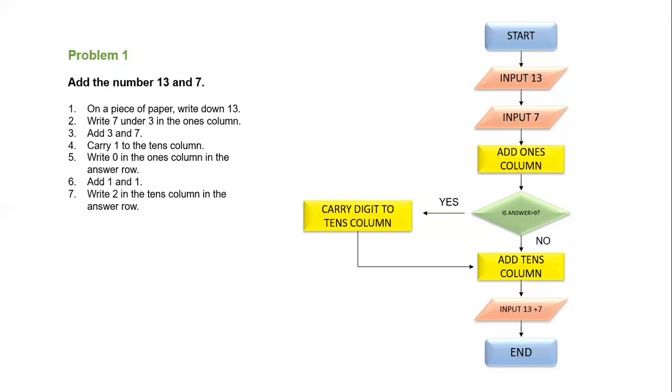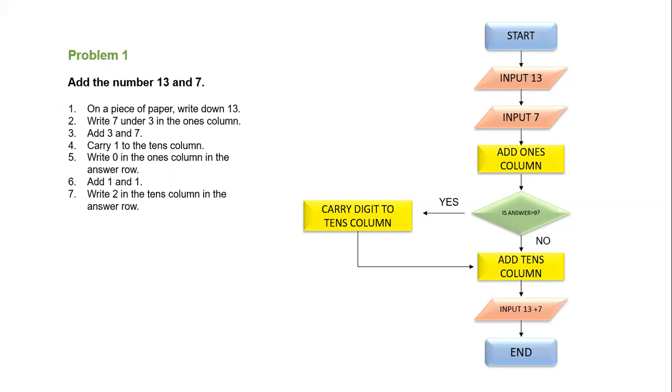And what does it do? It adds the ones column. The processing is going on. It's addition, so it's adding two numbers. And before addition of the tens column, it's initially adding the ones column.